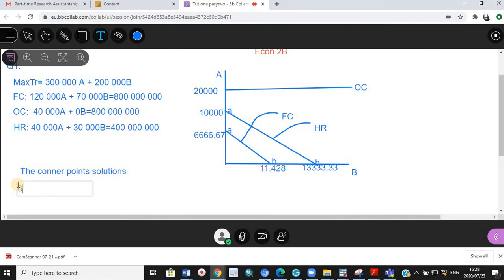We'll just say 666, or we'll say A, okay? We'll say 666.67 A, okay, because we know that this is A, right? Plus 0 in terms of B. How much is this equal to?